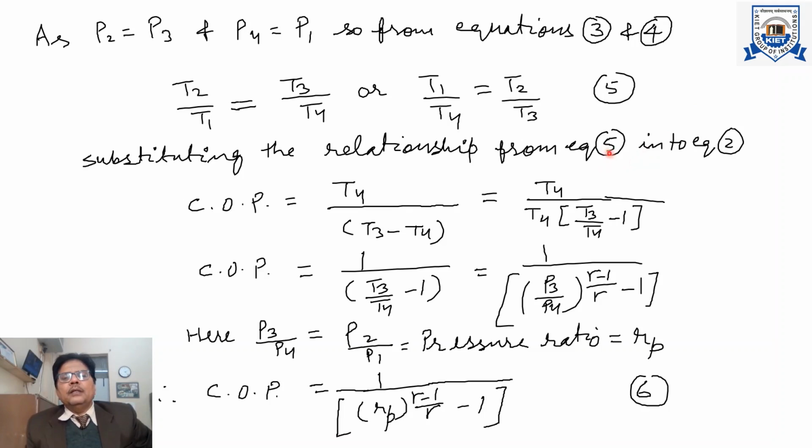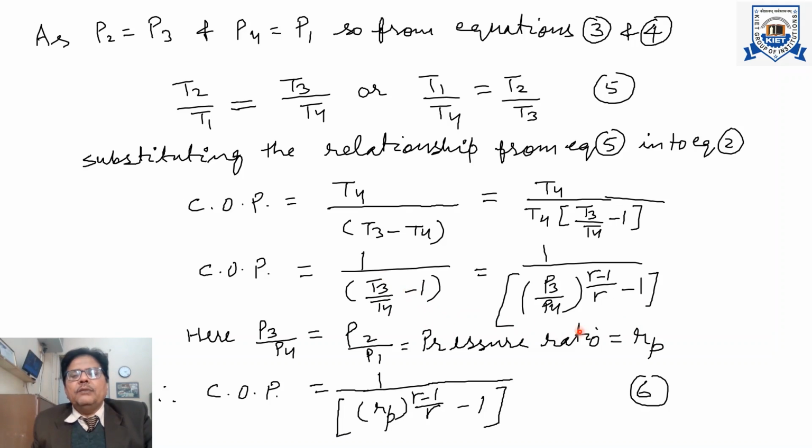From this equation number 5, if we substitute this relationship into the equation of COP, that is equation 2, then we will get COP as T4 over T3 minus T4, and on rearranging it will come out as 1 over T3 over T4 minus 1.